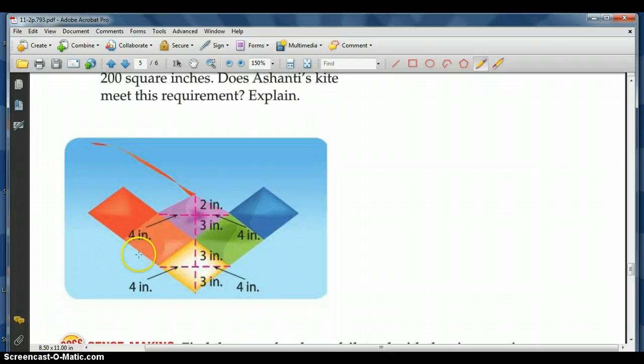So for the red, the orange, the yellow, the green, and the blue, they all have the same dimensions because each of those would have a diagonal here of 6 inches and a diagonal here of 8 inches.